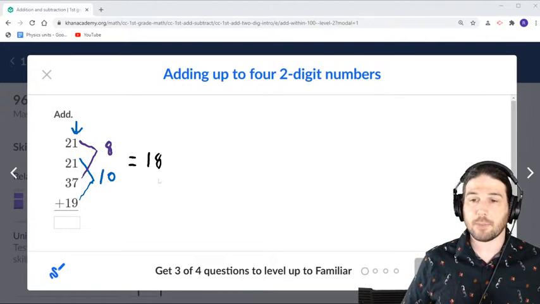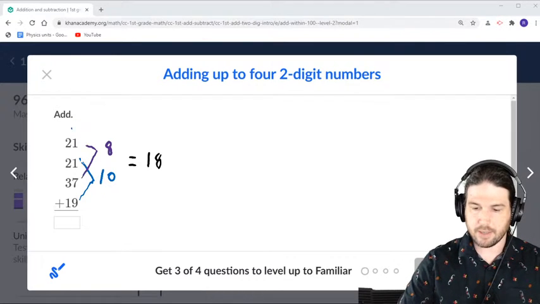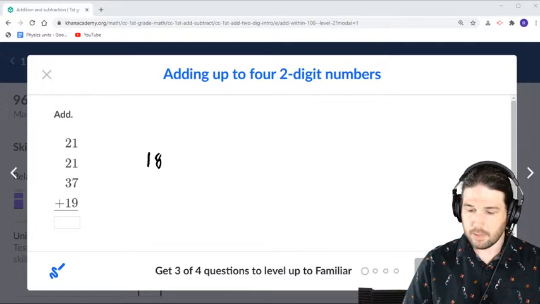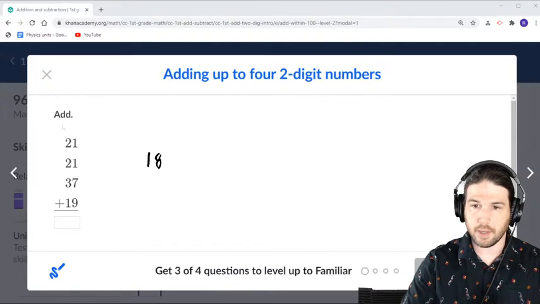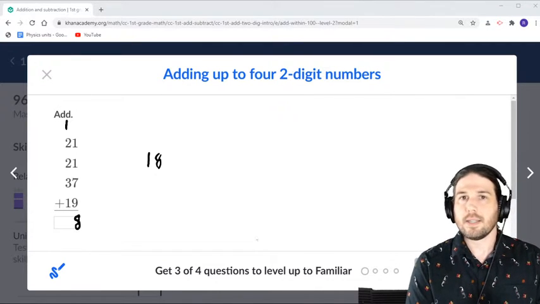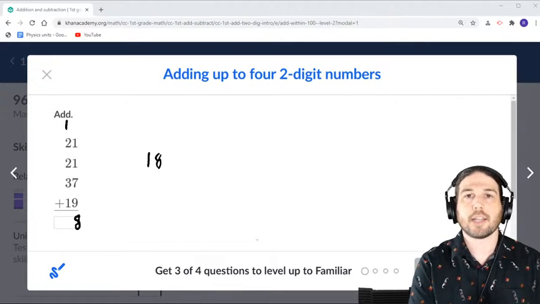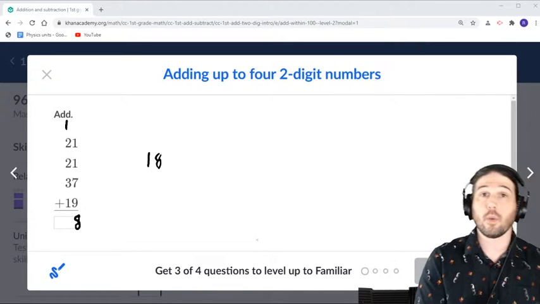And in this case, it makes perfect sense because as a kid, what I would have been taught is, okay, so I've got my 18, and then I carry the 1, and then the 8 goes here. And it seems obvious now because we've spent 3 weeks really laying a solid foundation for where carrying the 1 comes from.